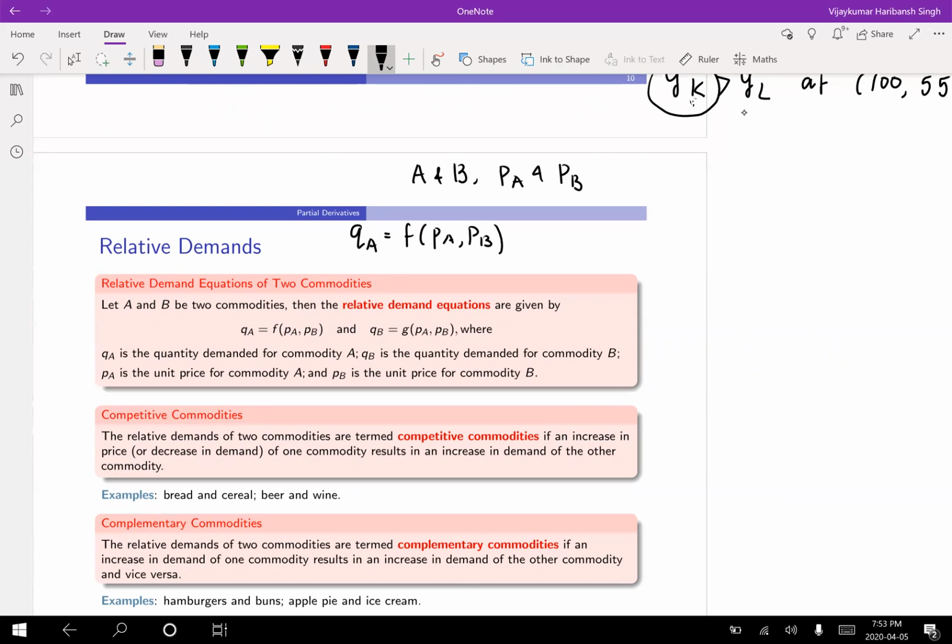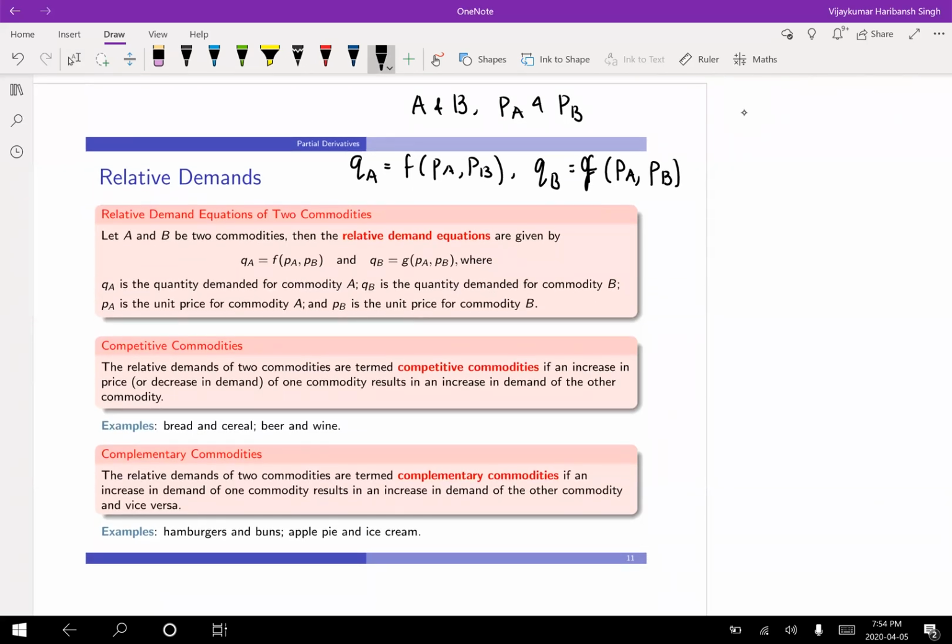So there are many quantities like that, right? And not only two, you can have three, PA, PB, PC, you have ABC commodities, all right? But let's just study two variables. Similarly, you have QB, which could depend on the price of A and price of B. Now I should use different functions, so I'll call this one F, and I'll choose to call this one G.